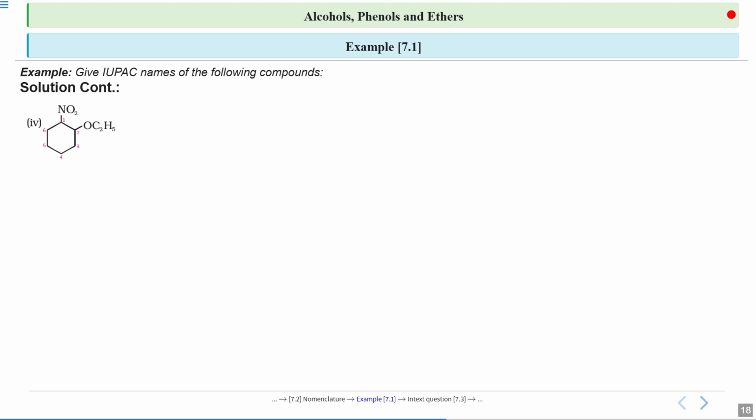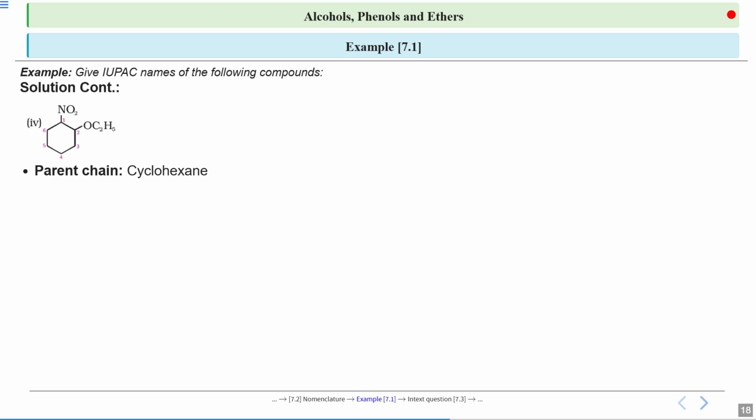Next, the fourth compound, is again a nitro group attached to a cyclo ring, with OC2H5. So this is also an ether. We have done the numbering. The parent chain will be, of course, cyclohexane because it contains 6 carbons, and in the other alkyl group we have only 2 carbons.